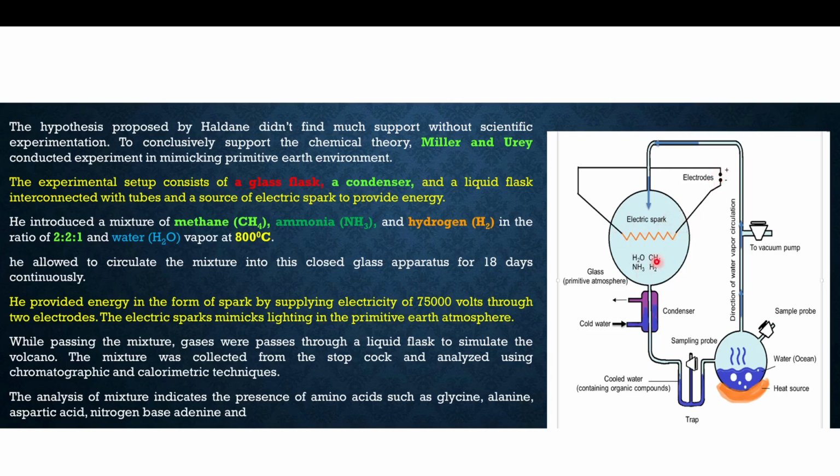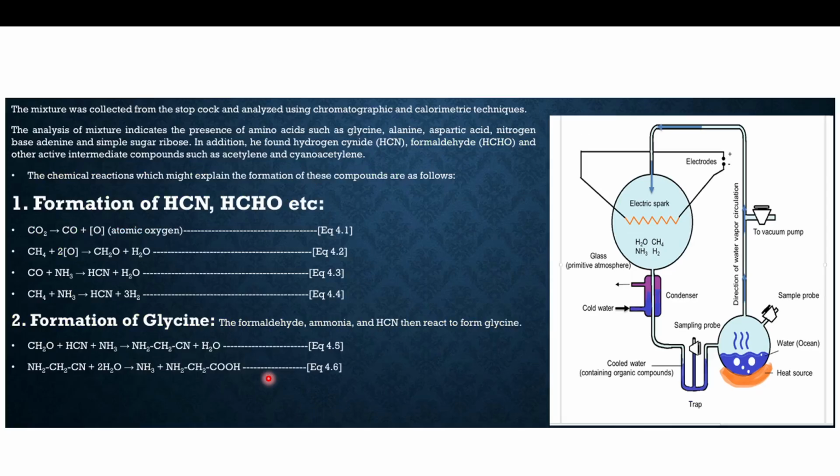This electricity supplied inside the apparatus eventually mimicked the conditions of primitive Earth. While passing, the gases were passed through a liquid flask to simulate the volcano here. The mixture was collected from the stopcock and analyzed using chromatographic and colorimetric techniques.